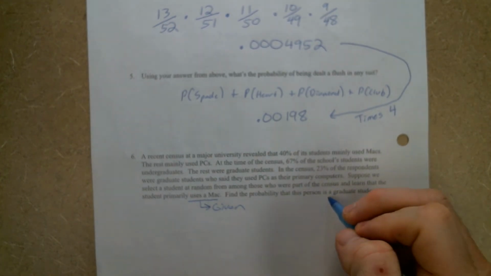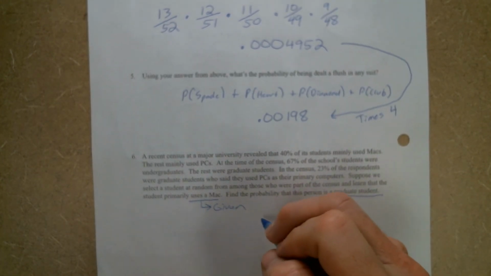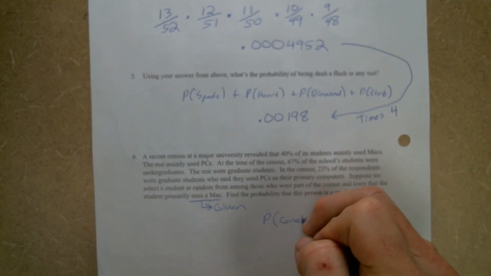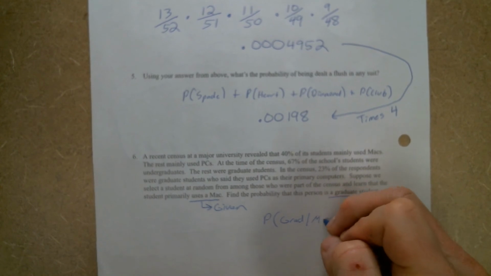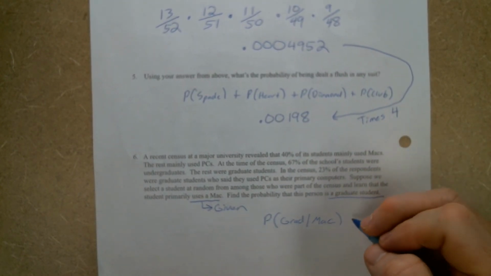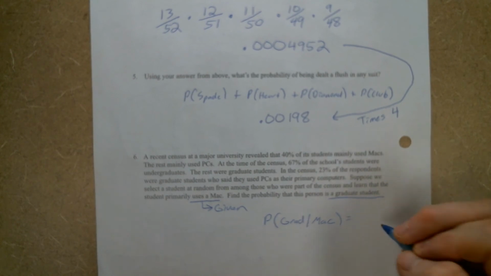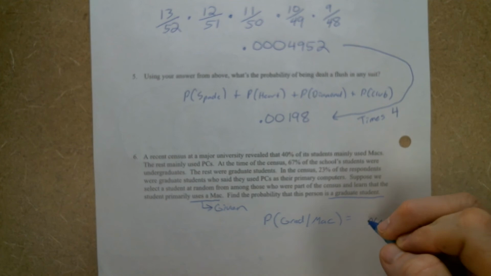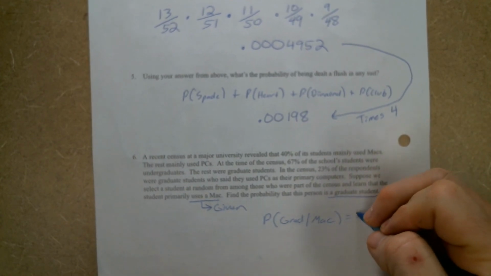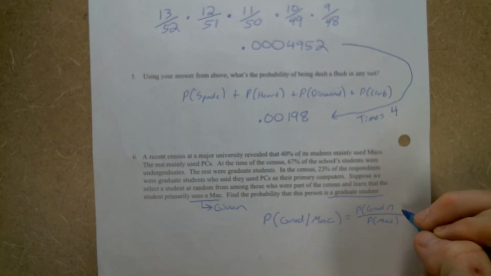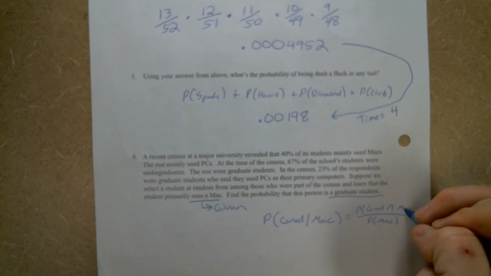So this question is really asking, what's the probability of being a graduate student given that you use a Mac? Which means we need to know the probability of using a Mac, and we need to know the probability of being a grad student and using a Mac.